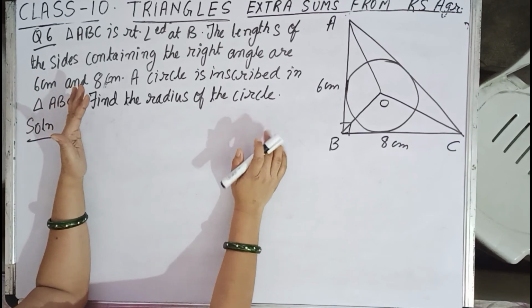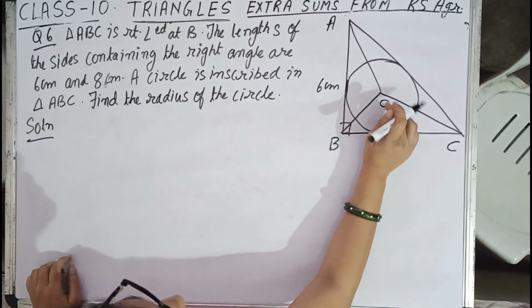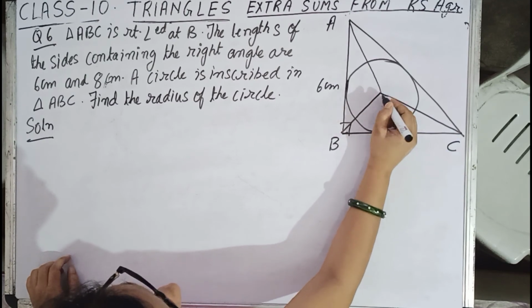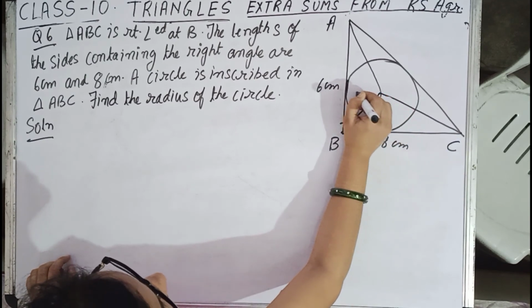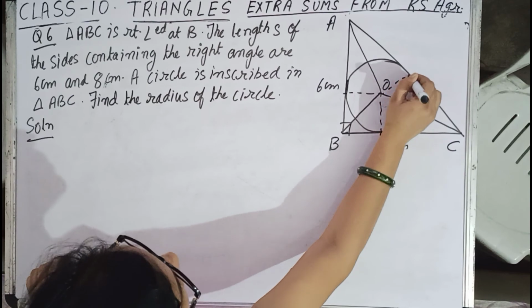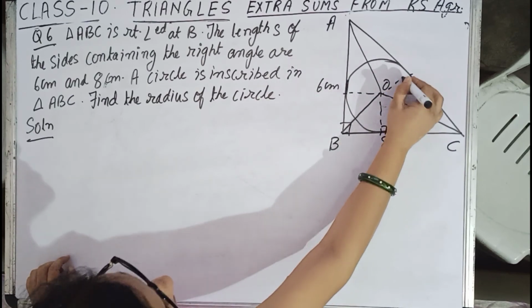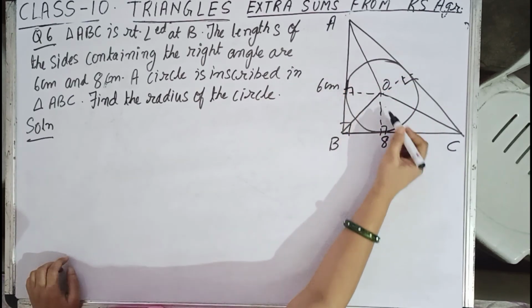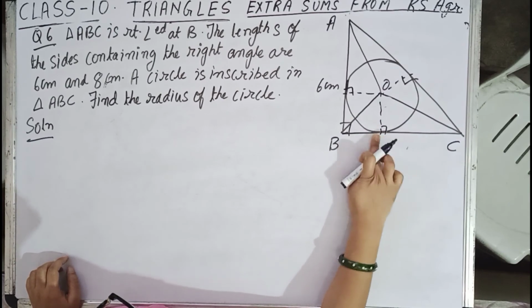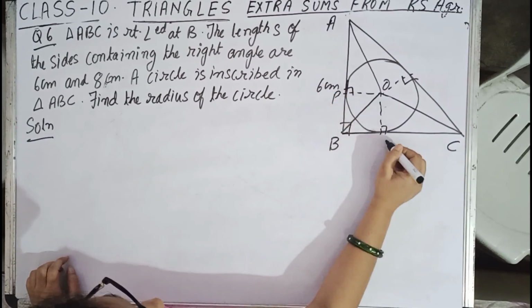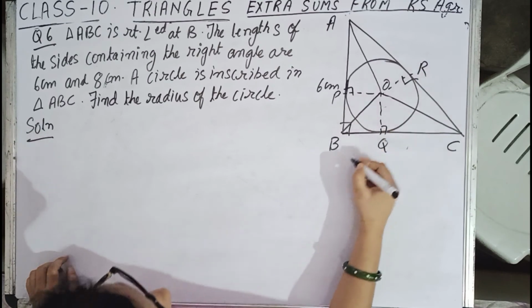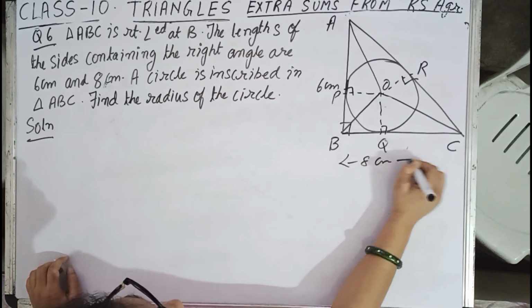Now in this question, you will be drawing perpendiculars from the center to all the three sides. Suppose I name them P, Q and R. This one was 8 cm, correct?